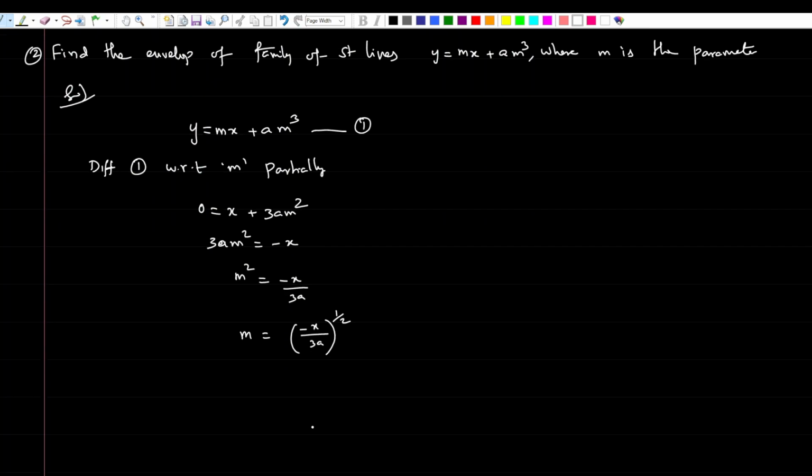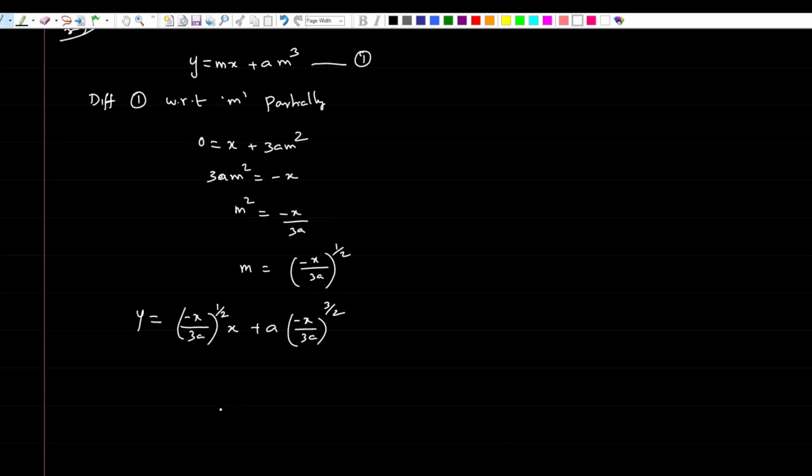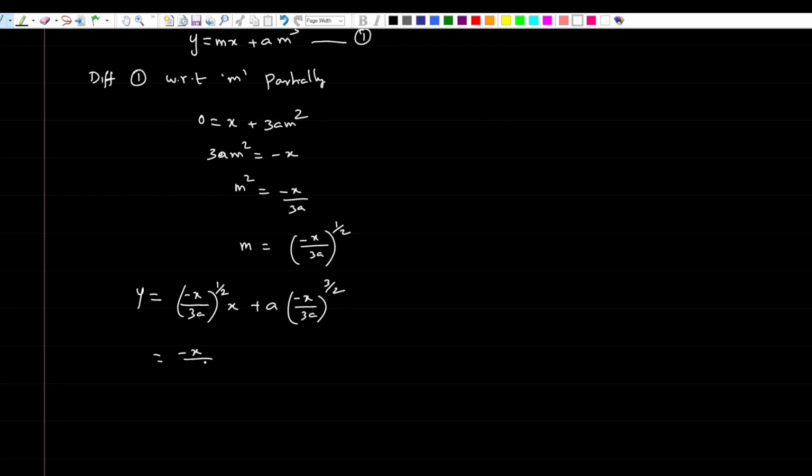So now we have to substitute this value of m in equation 1. We will get y equal to minus x by 3a whole power 1 by 2 into x plus a into minus x by 3a whole power 3 by 2. Now we are taking this minus x by 3a whole power 1 by 2 as common. We will get 1 into x, let me write this as x plus a into minus x by 3a.